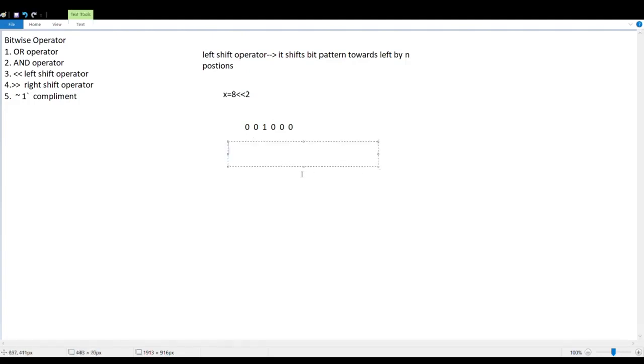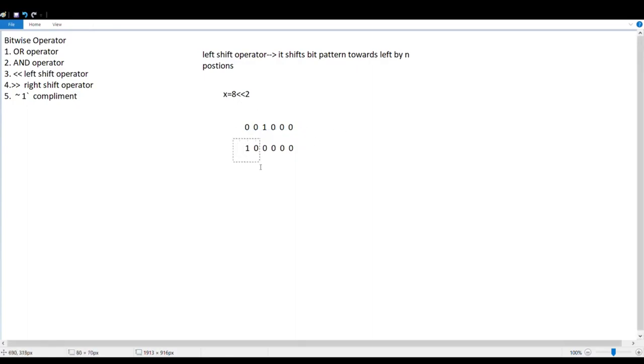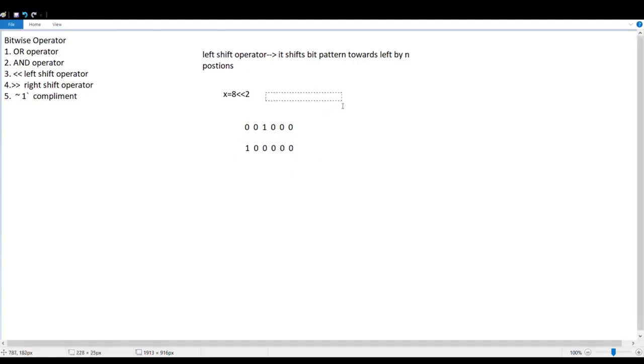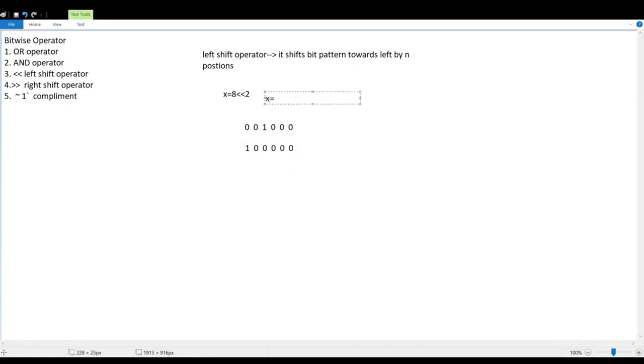So the number becomes 1 0 0 0 0 0 0. We have shifted this by 2 positions, from here to here. This is left shift by 2 positions. So the number we represent in the decimal number system as 32. So x becomes 32.